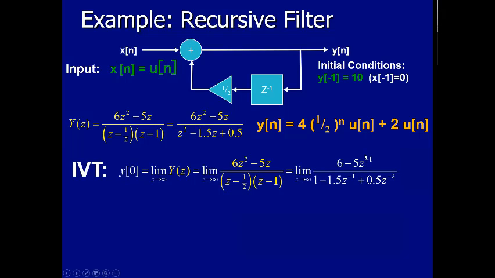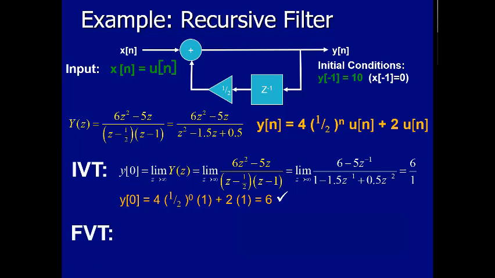These z to the minus 1s are 1 over z's, so as z goes to infinity, those go to 0. So all these terms except the 6 in the numerator and the 1 in the denominator go to 0. So I'm left with an initial value of 6, which, if we plugged n equals 0 into our total response equation, we would get the same value, 6.